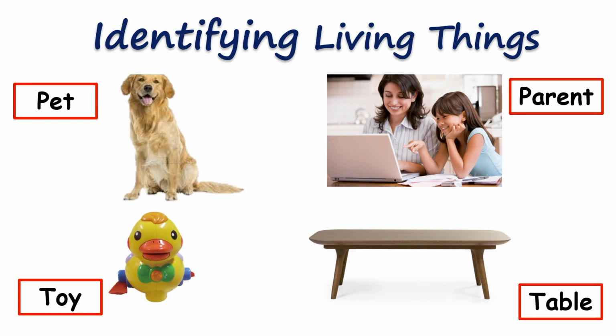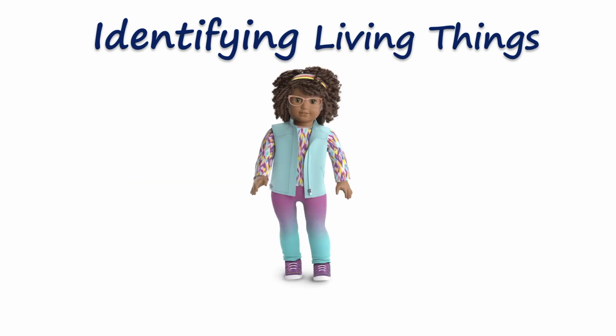They are living things, and the others are non-living things. Let us look at some examples of things that you may find around you and decide whether they are living things or not. Let us have a look at this doll.